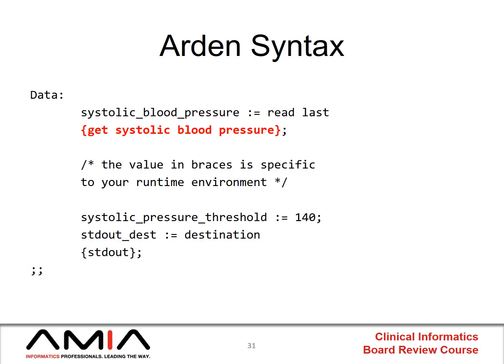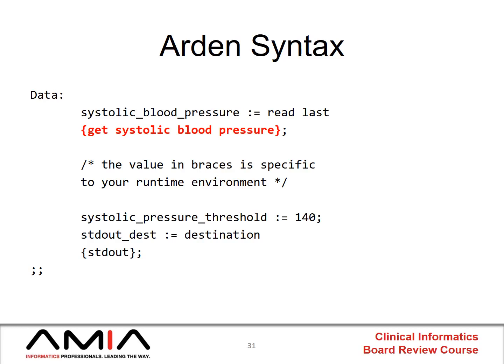So what's the problem with this? Well, the problem is the curly braces and the content in that get systolic blood pressure area. It's because there was no common access method. There was no way to share this Arden syntax rule such that it was completely portable.